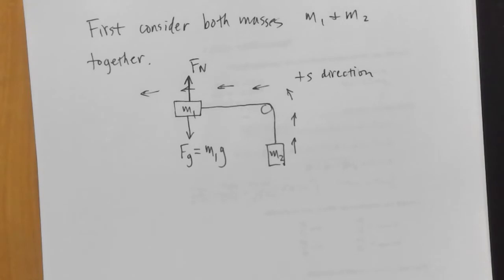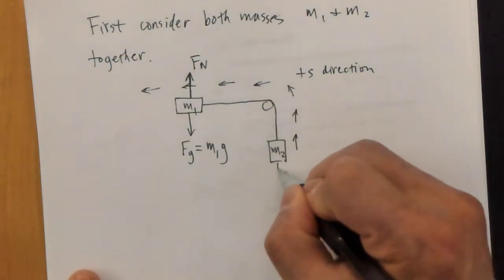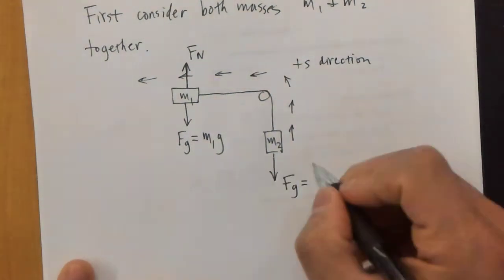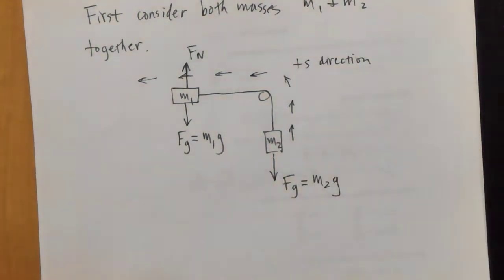That's part of me. It's like the string is part of the M1 plus M2 system, so I don't need to consider the internal forces. But I do have to consider the weight of this mass, this Fg for number 2, which is M2 times G. Is everybody okay with this?